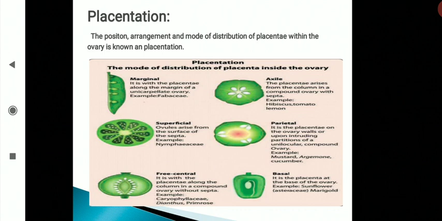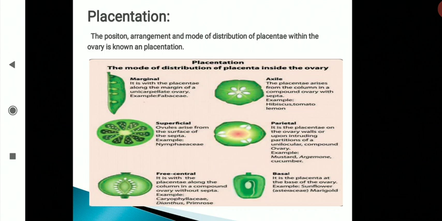Next type is free central placentation. Here the placenta develops from the base of the ovary and it is not connected with the ovary wall. The placenta is free from the ovary wall in the unilocular ovary and bears ovules all over its surface. The example is Dianthus or Primula.